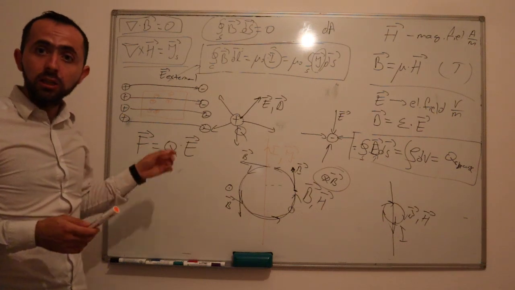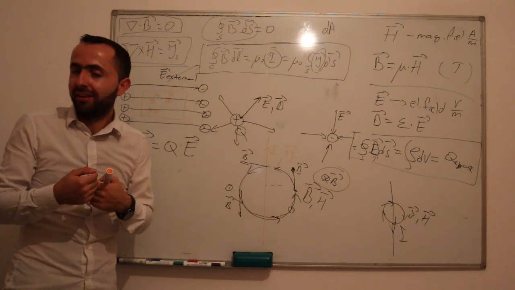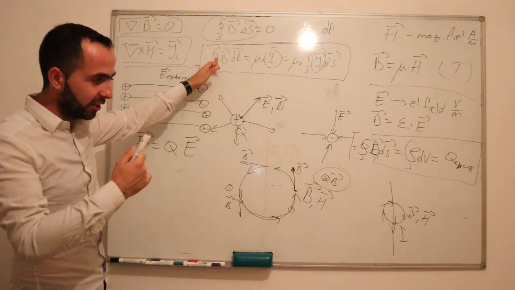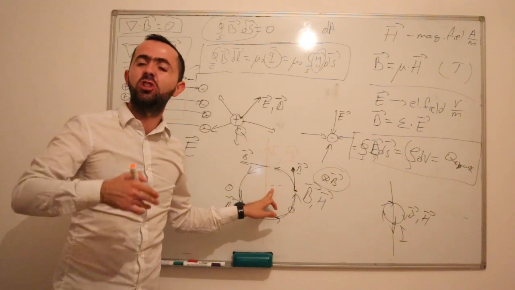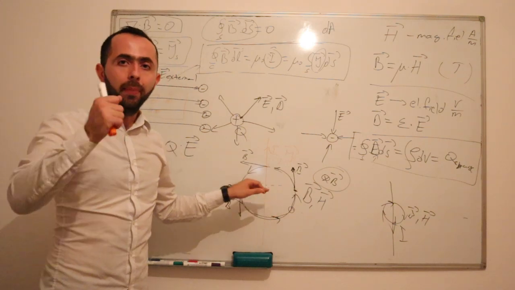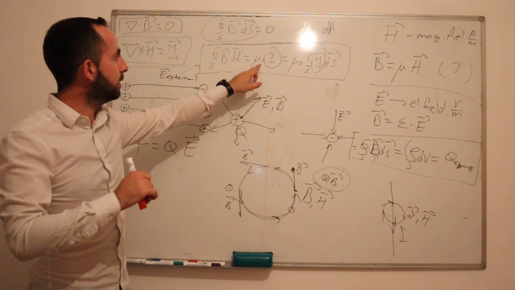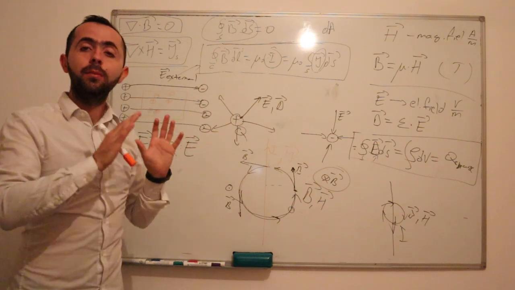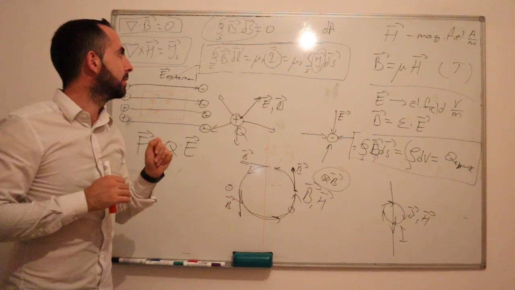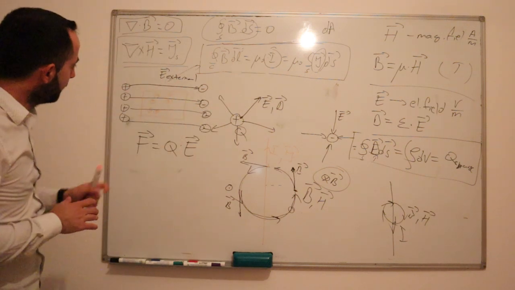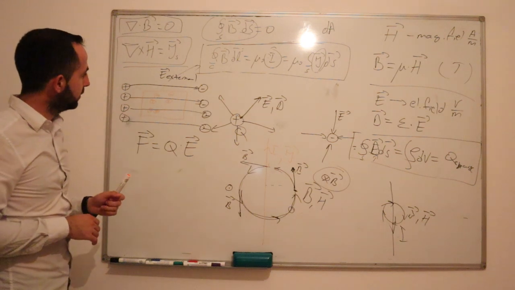So the current will not be constant, and our magnetic field will not be constant. It will change in time. But for now, in the next few videos, we will analyze only static magnetism, with constant currents. But let me explain this to the end.